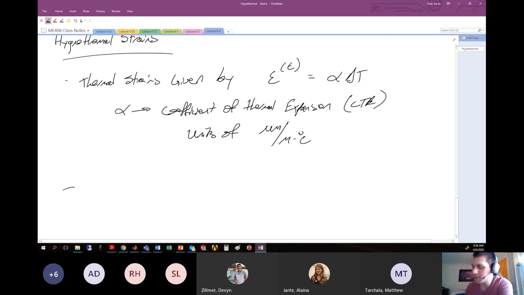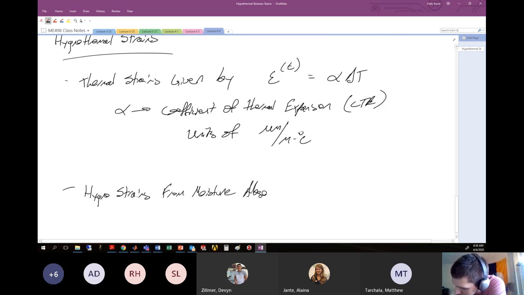And the idea behind hygro strains is very similar. They are strains caused by moisture absorption. We denote that usually with an epsilon H. And this is going to be not alpha, but beta.